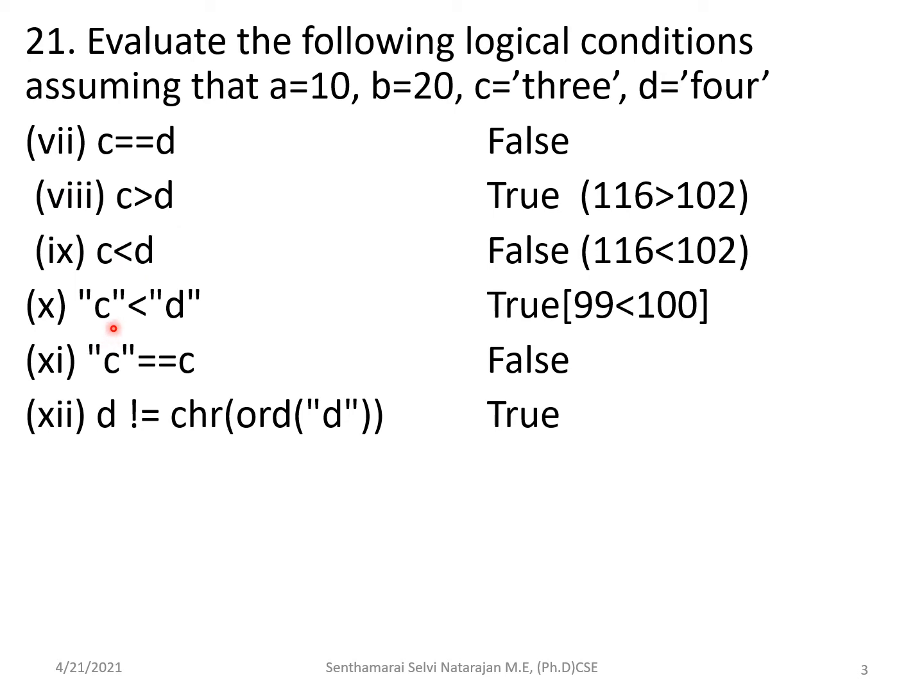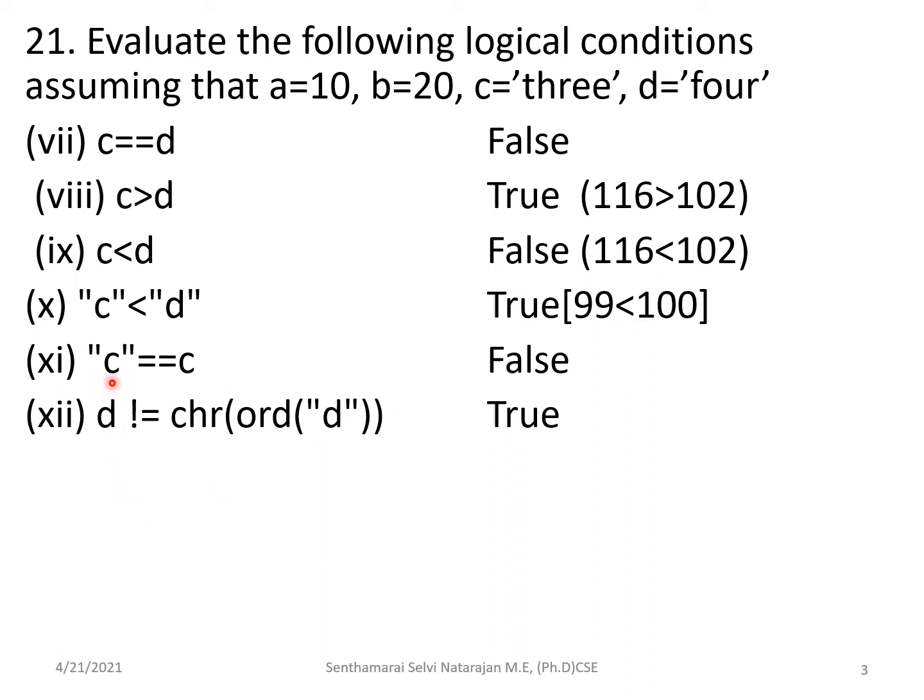Here you have to consider the string C and the string D, that is the character C and then the character D. Based on those characters' values, I have evaluated it as true. Here the double quote C produces a single quote C, so you can check it with the command prompt and then you will know what I am discussing here. So the values are 99 and 100. Here the condition is true.